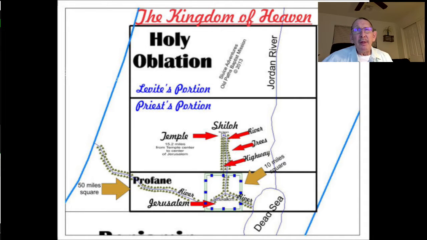So many believe that the actual location of the temple is going to be north of Jerusalem, because these verses describe the fact that there are three sections: the Levite portion, the priest portion, and then the city of Jerusalem, or what they call the profane portion.